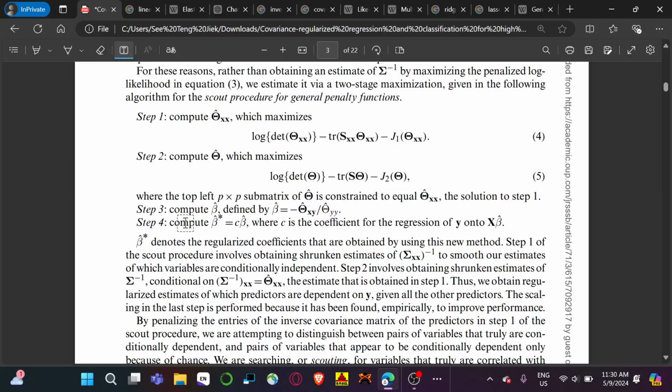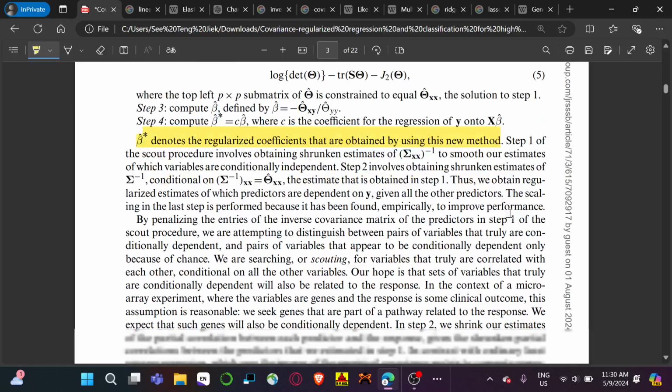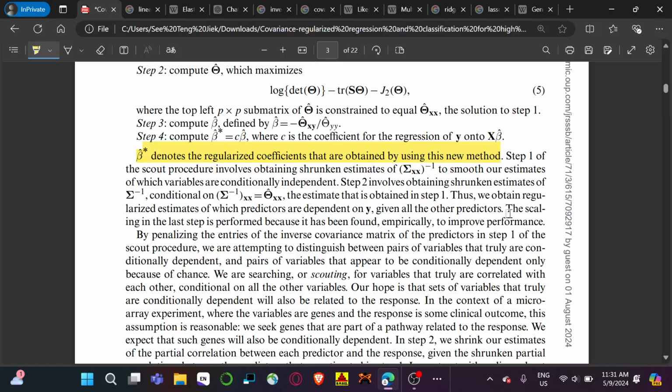Then step 3, you compute beta hat given this, and then step 4, you compute beta hat star given the coefficient multiplied by beta hat from step 3. So this beta hat star is the regularized coefficient that you obtain by using the scout approach.